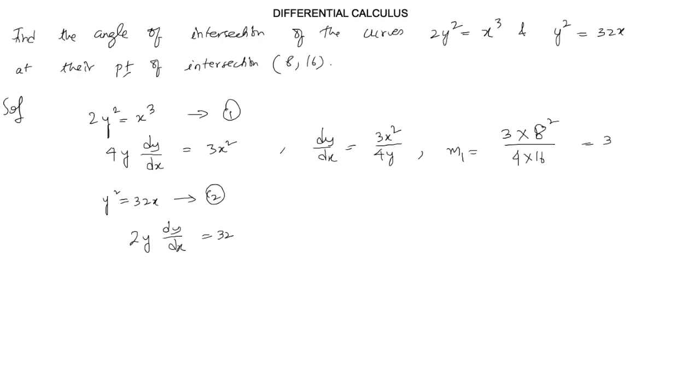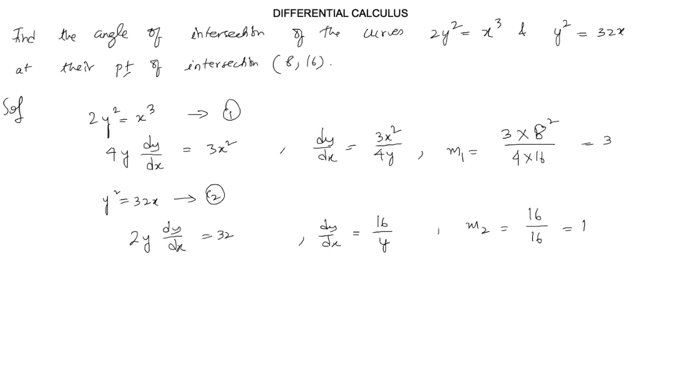Now this gives dy by dx is equal to 16 by y, and let m2 be the slope of tangent at (8, 16), which would be 16 by 16, which is 1.